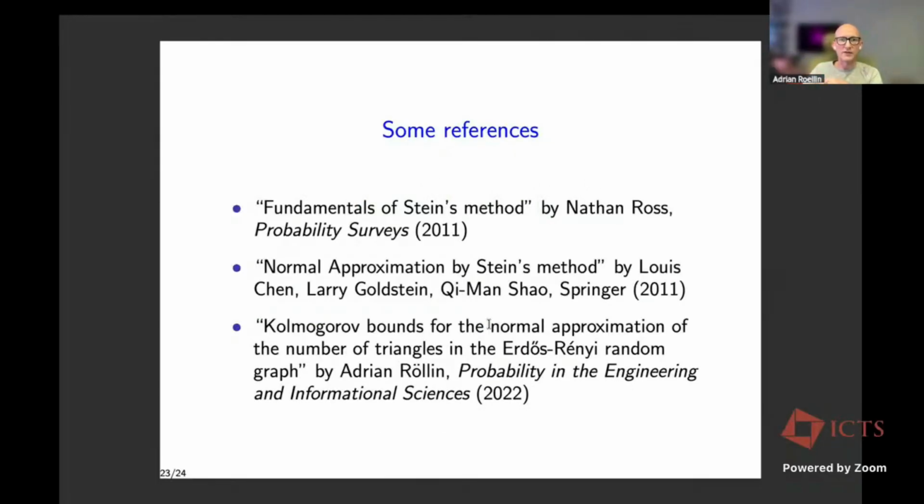If you want some references, the two standard references nowadays are a survey paper by Nathan Ross called Fundamentals of Stein's Method, which is a nice short introduction to most of the standard techniques and results. Among them is the exchangeable pairs approach that I just spoke about, with an abstract theorem: you have your exchangeable pair, plug it in, and then you only need to do moment bounding.